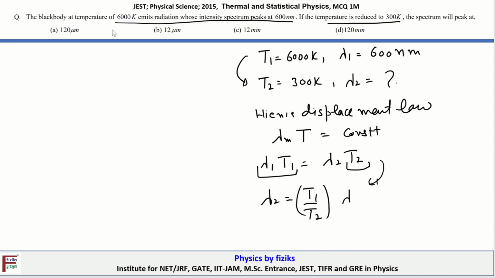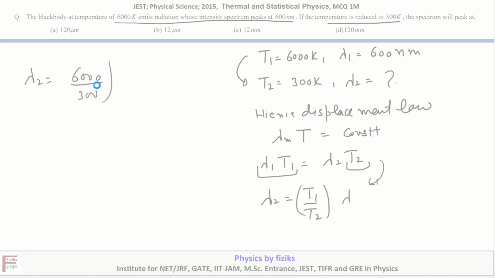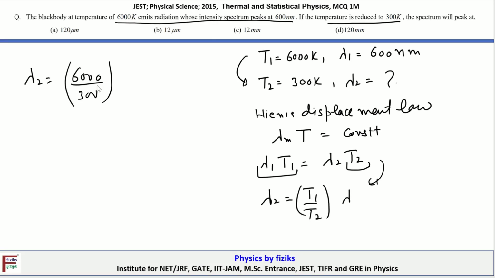Simply substitute the values of the given parameters. Lambda 2 is equal to 6000 divided by 300, and then multiply this by lambda 1, that is 600 nanometer. Upon solving, this will come out to be equal to 12,000 nanometer, and that's nothing but 12 micrometer. Therefore option B is the correct one here.